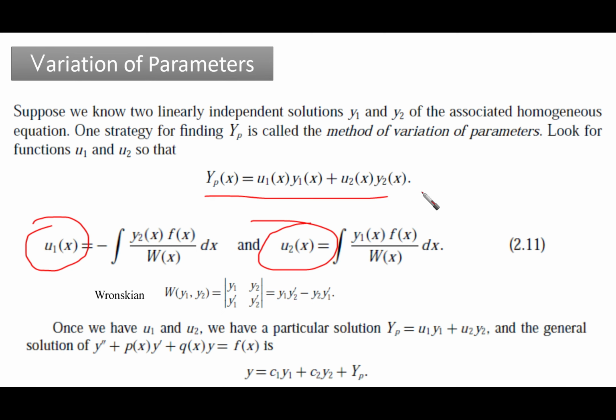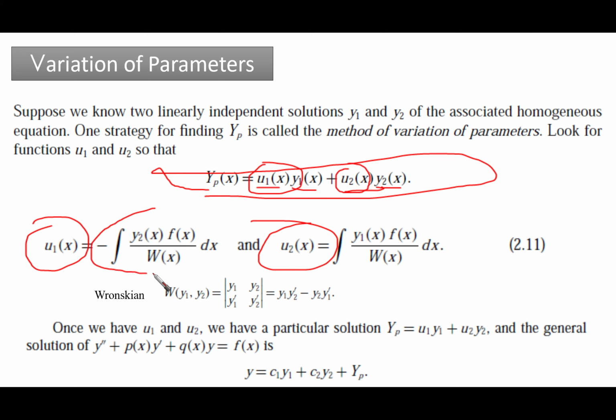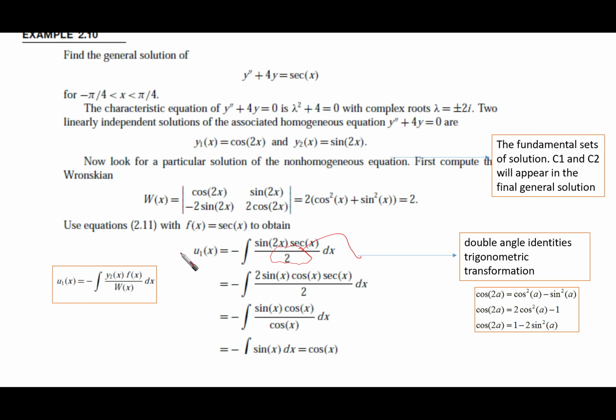It's straightforward. You just use u1 times y1 plus u2 times y2. Then you need only u1 and u2. And they are going to be obtained easily, knowing the Wronskian, knowing the f of x, the right-hand side of the non-homogeneous equation, and one set of solutions of the associated homogeneous equation. That's it. You are going to find it straightforward.